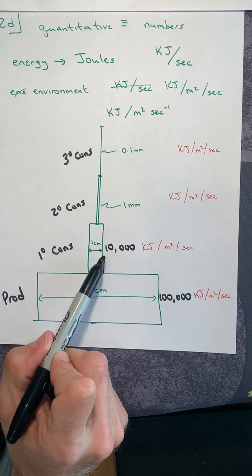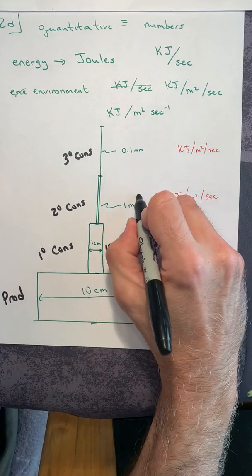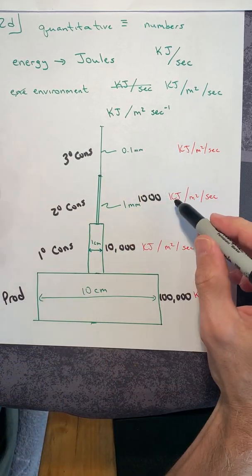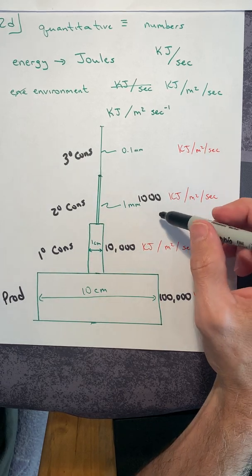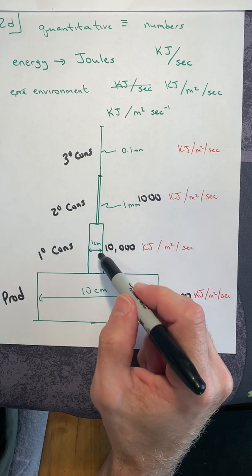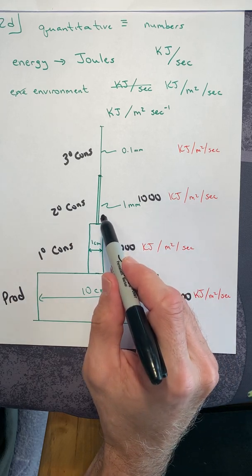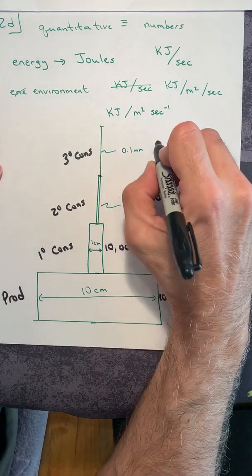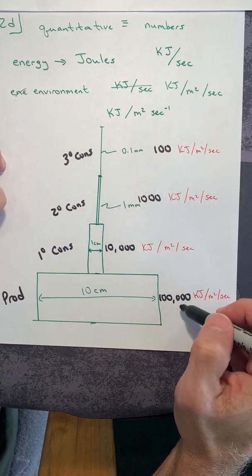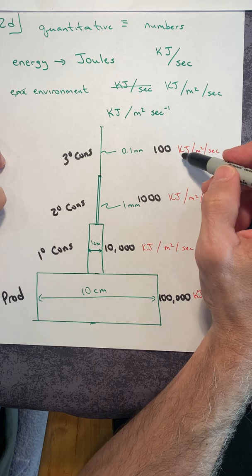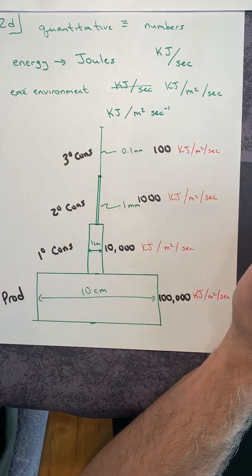And then only 10% of that, only 1,000 kilojoules of the original 100,000 are available to the frogs, okay? And then 10% of that, only 100 kilojoules of the original 100,000 kilojoules are available to your tertiary consumer.